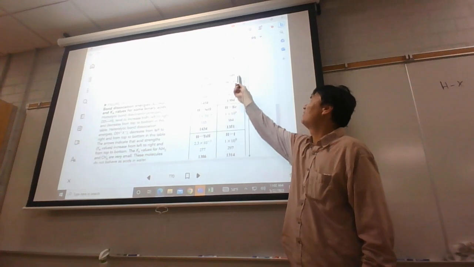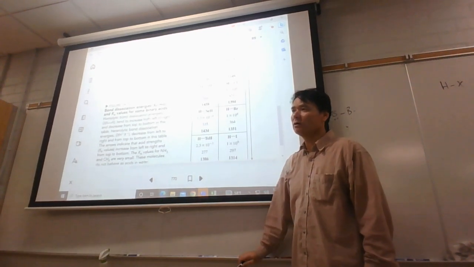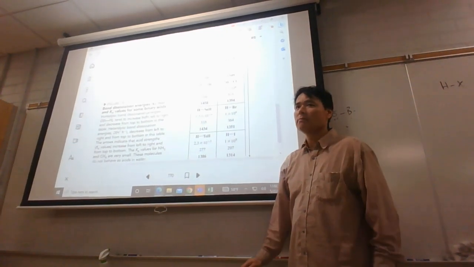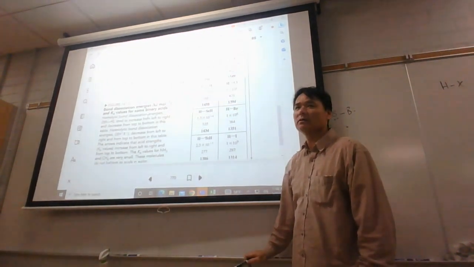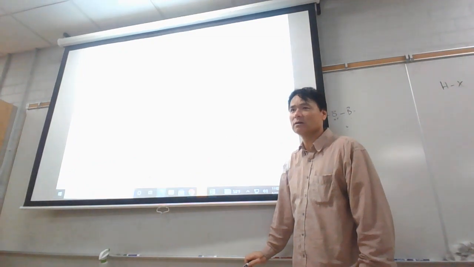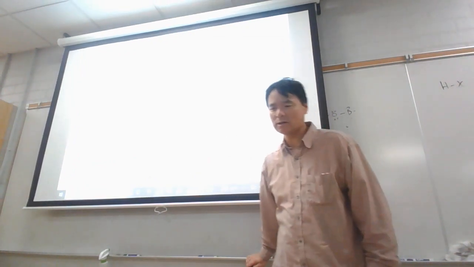Does that mean HF has a 10 billion times weaker bond? No, it doesn't. The bond is not 10 billion times, it's not even 10 times weaker. And so why is there a huge discrepancy?